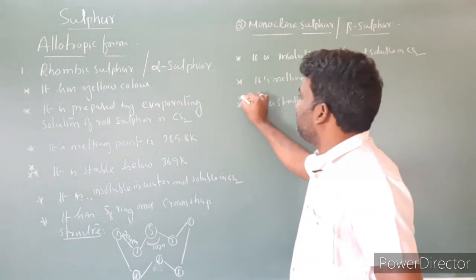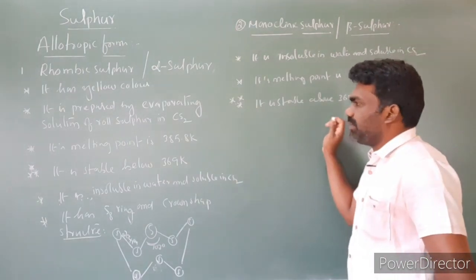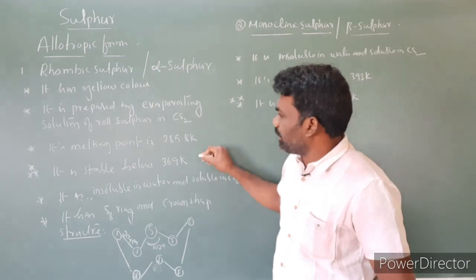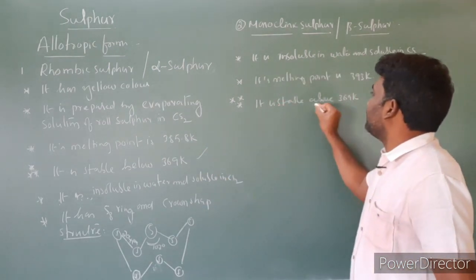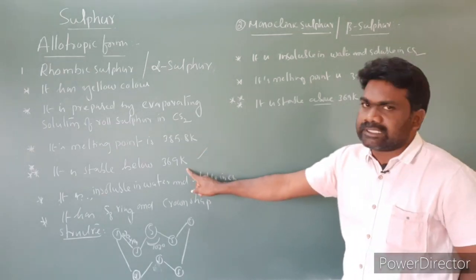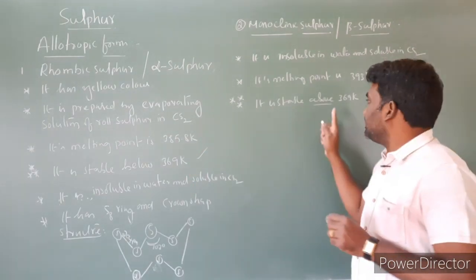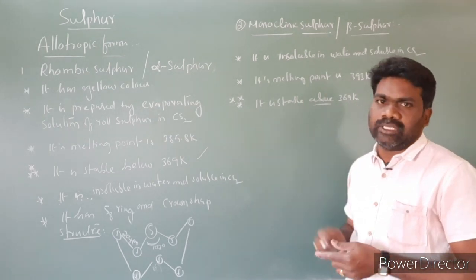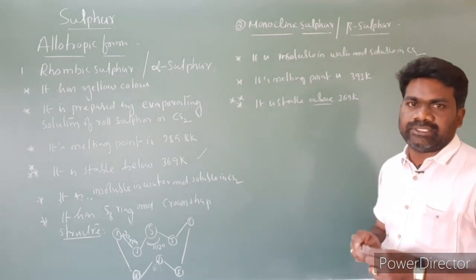Below this temperature, it converts into rhombic sulfur. So rhombic sulfur is stable below 369 Kelvin, and monoclinic sulfur is stable above 369 Kelvin. At 369 Kelvin, both forms, rhombic sulfur and monoclinic sulfur, are stable. This temperature is called the transition temperature.